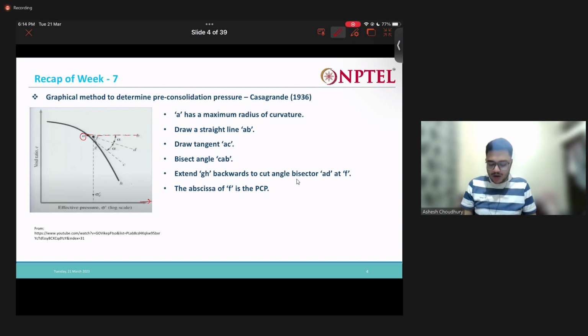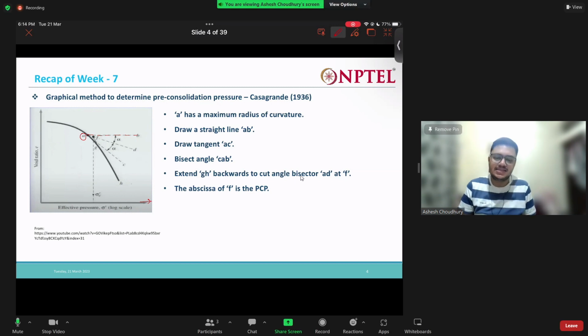Then we draw a straight line AB parallel to the x-axis at point A.